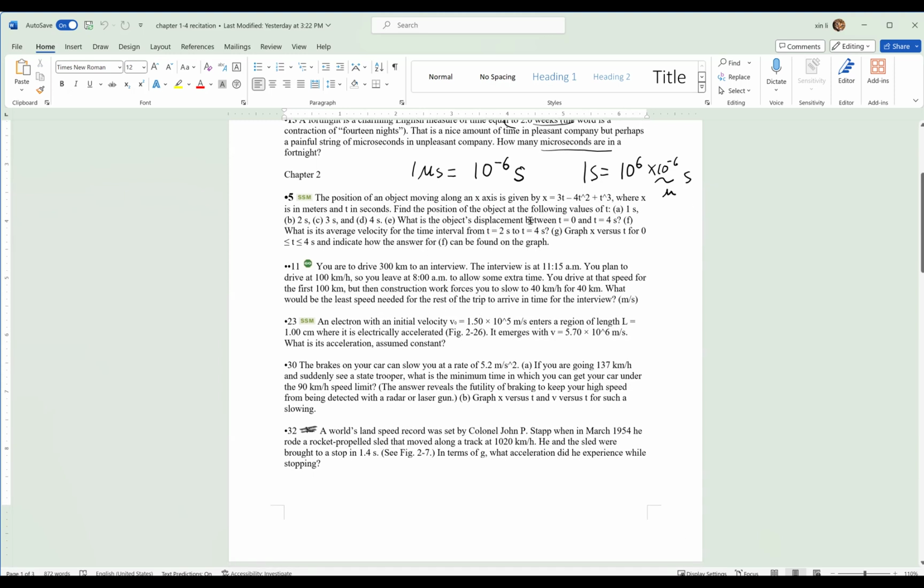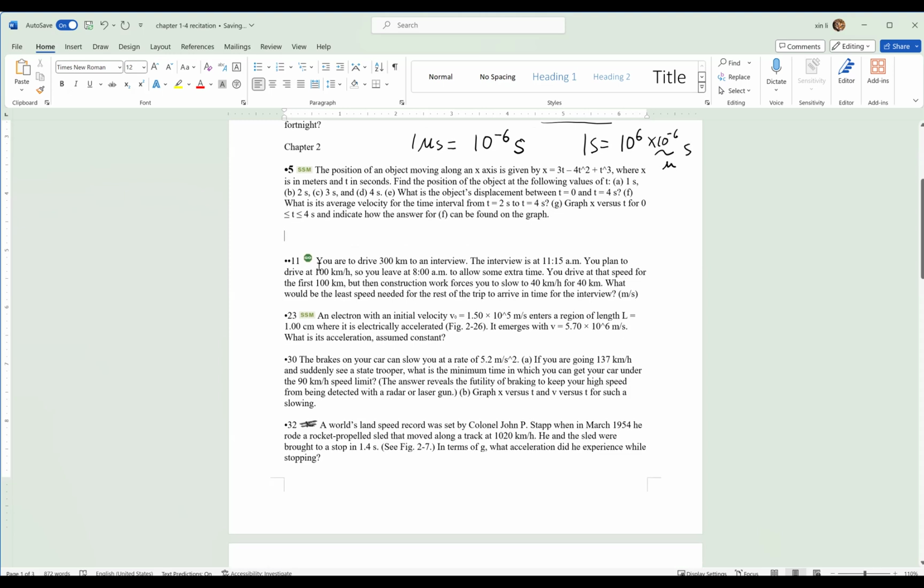And also for a problem like this, you can also calculate your velocity and acceleration at a given time, okay? So first the derivative, we will get velocity. Second derivative, we are going to get acceleration. So try problem 5 today after class.